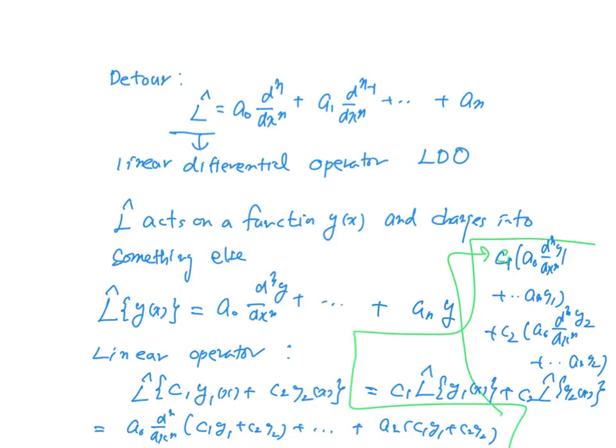If you apply L to C1 y1 plus C2 y2, the result is the combination of C1 times L acting on y1 plus C2 times L acting on y2. So this property is called linearity. This topic can be a little bit difficult for you to understand because you never learned about operators.